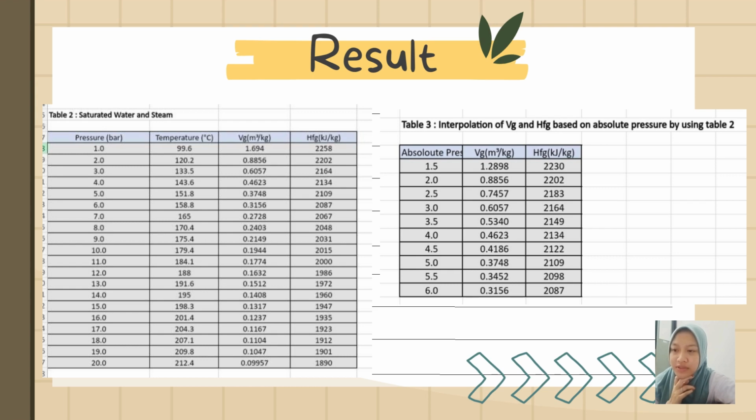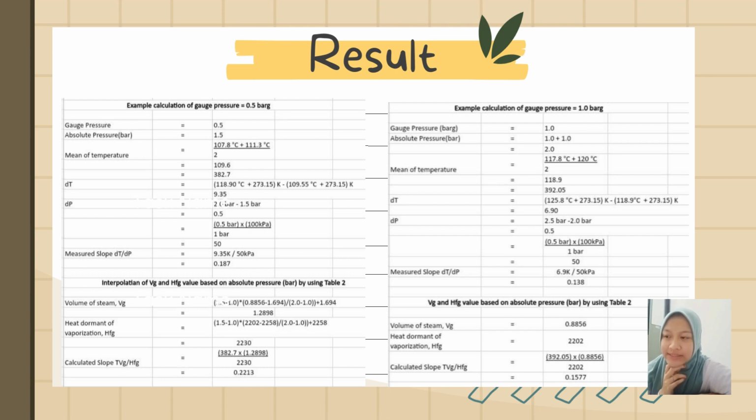And also Table 3, which is the interpolation of vg and hfg based on absolute pressure using Table 2. This is an example calculation of gauge pressure for 0.5 bar and for 1 bar.